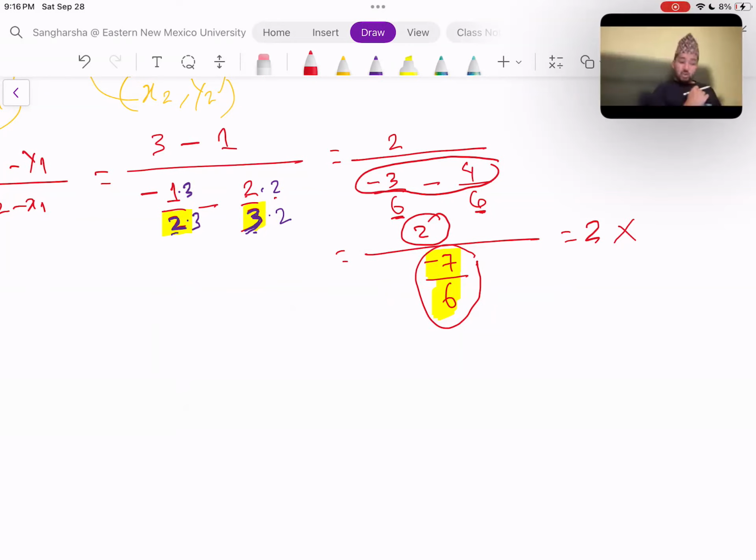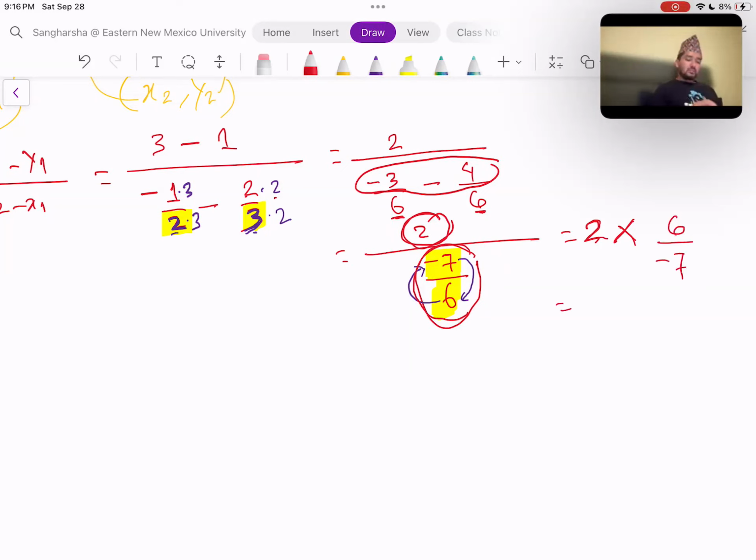Finding the reciprocal means you are taking the numerator to the denominator and the denominator to the numerator. You are switching your numerator and denominator. That is the reciprocal. So you write your numerator as it is, 2, and you multiply by the reciprocal of the denominator, and the reciprocal of -7/6 is -6/7.